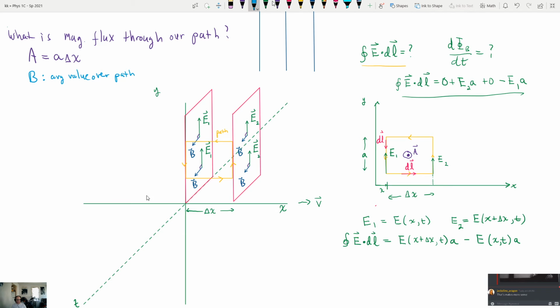And this is largely just to prevent us from having to do any kind of complicated integrals here or anything like that. Well, if that's the case, then the magnetic flux through our path should just be equal to the size of the magnetic field multiplied by the area, right?